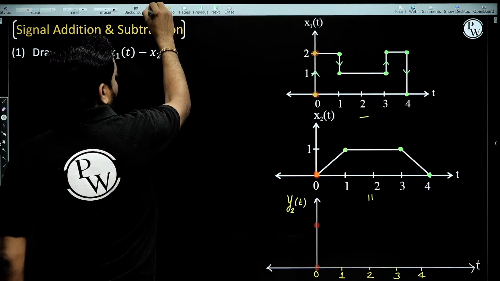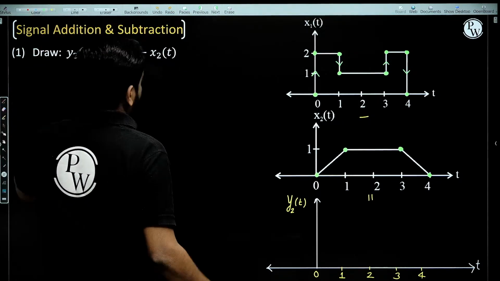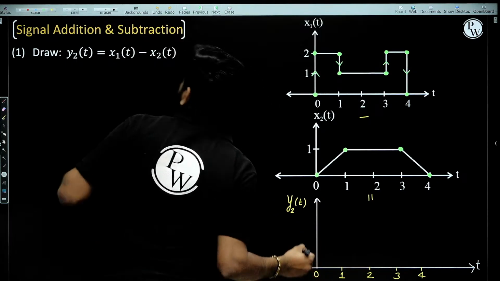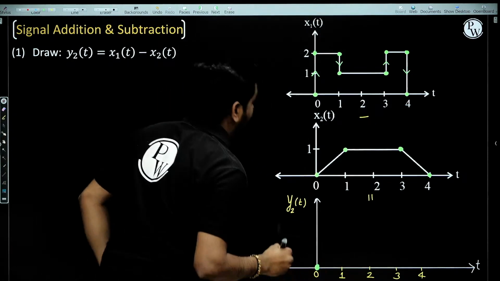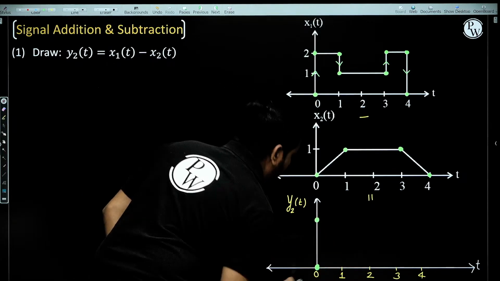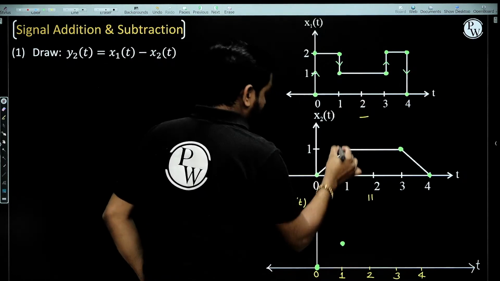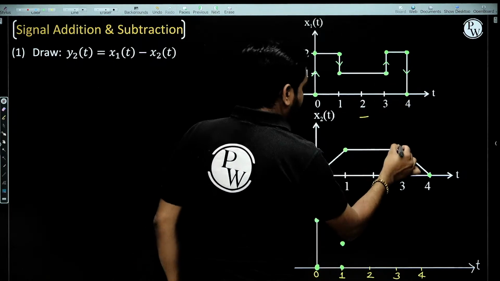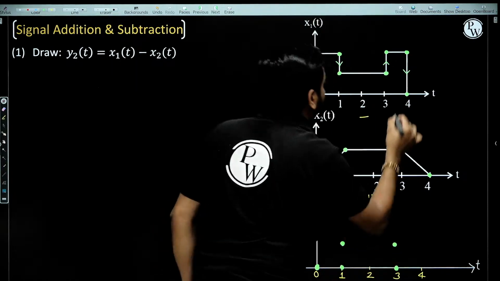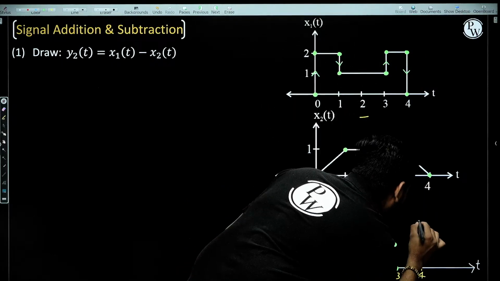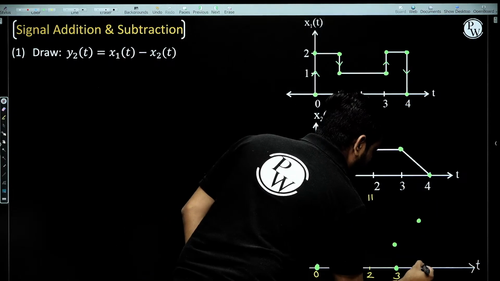So here, let me draw properly. Okay, so here again, see, 0 minus 0 is 0, guys, and 2 minus 0 is 2, guys, then 2 minus 1 is equal to 1, then 1 minus 1 is 0, then 1 minus 1 is 0, then 2 minus 1 is 1, 2 minus 0 is equal to 2, then 0 minus 0 is 0.